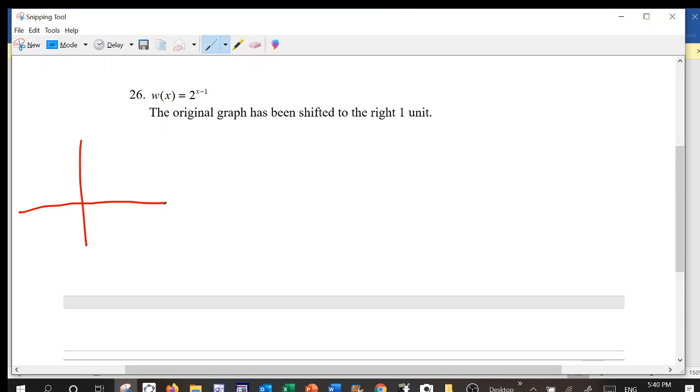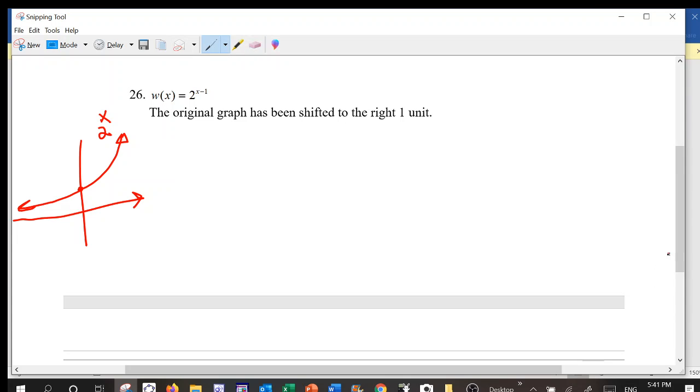This is what we are given. I showed you that graph, right? So that's the original graph. You don't have to know how to graph this. This is 2 to the x, right?